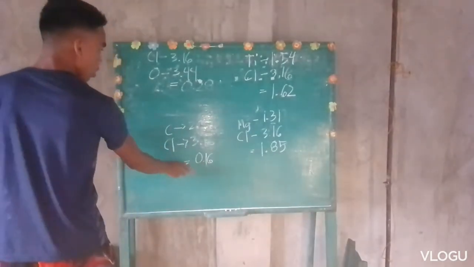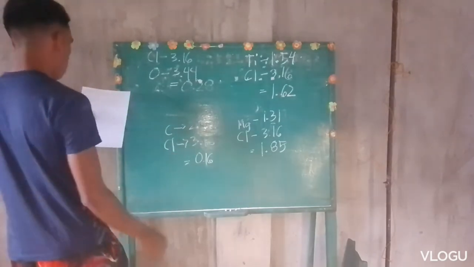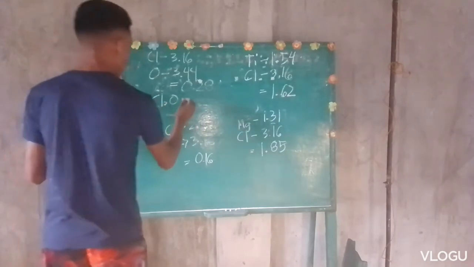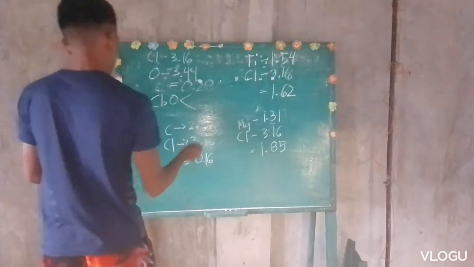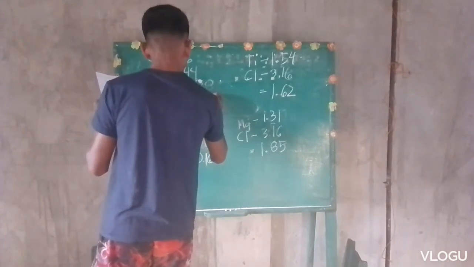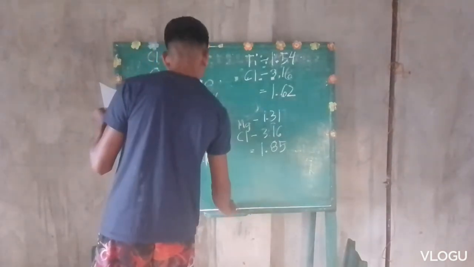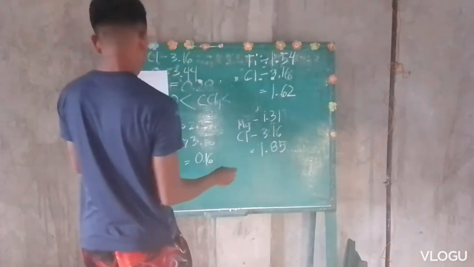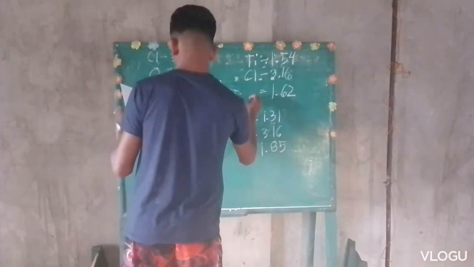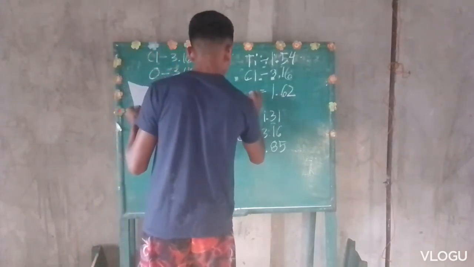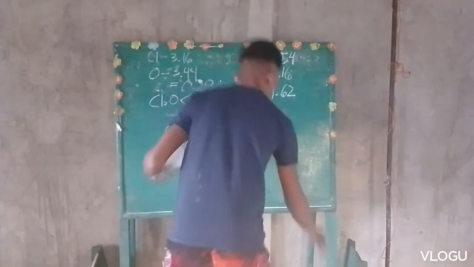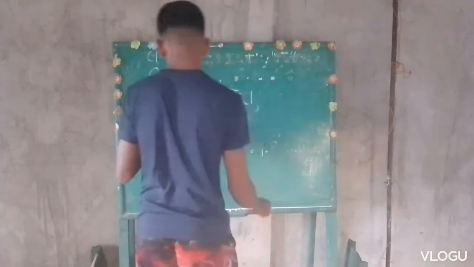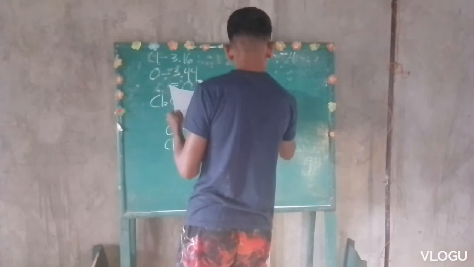So first we put Cl2O, less than CCl4, less than TiCl4, and the last is MgCl2.